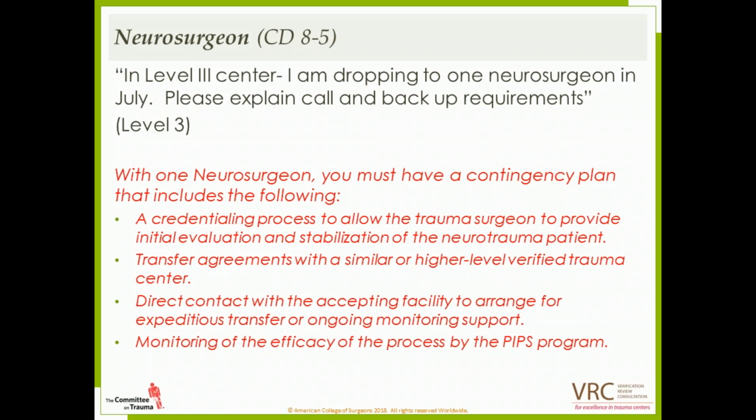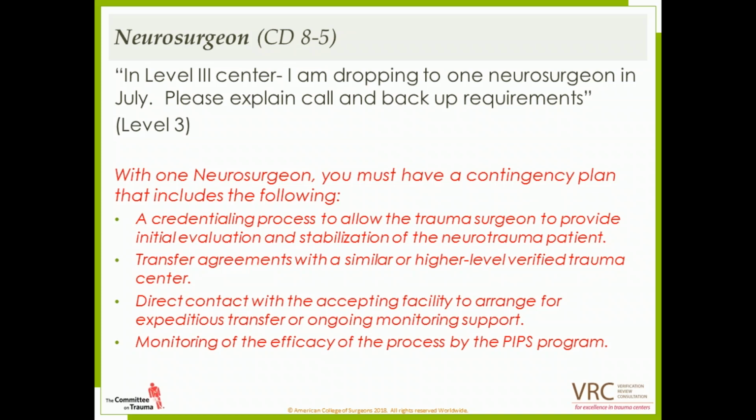And what that plan includes is a process by which the trauma center is going to credential the trauma surgeon to provide that initial neurosurgery evaluation, stabilize the patient, and ship the patient. That could be part of your contingency plan, or have a transfer agreement with a similar or higher level verified trauma center that is able to care for the neurotrauma patient.